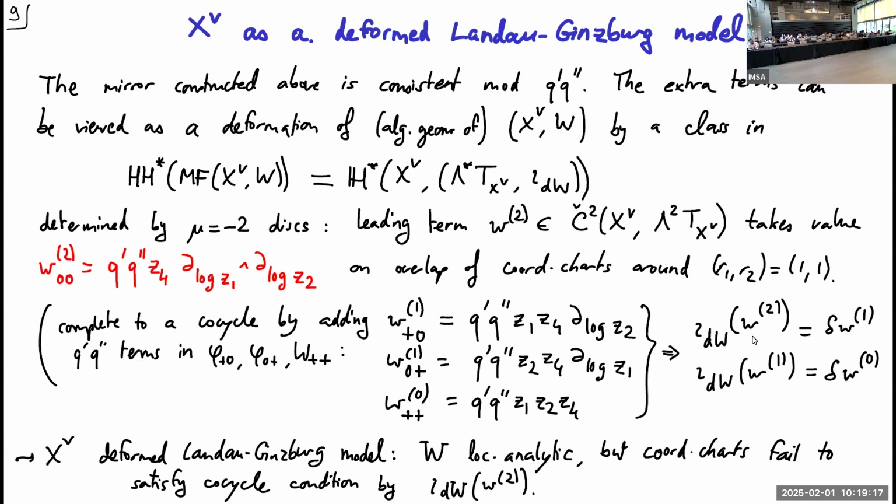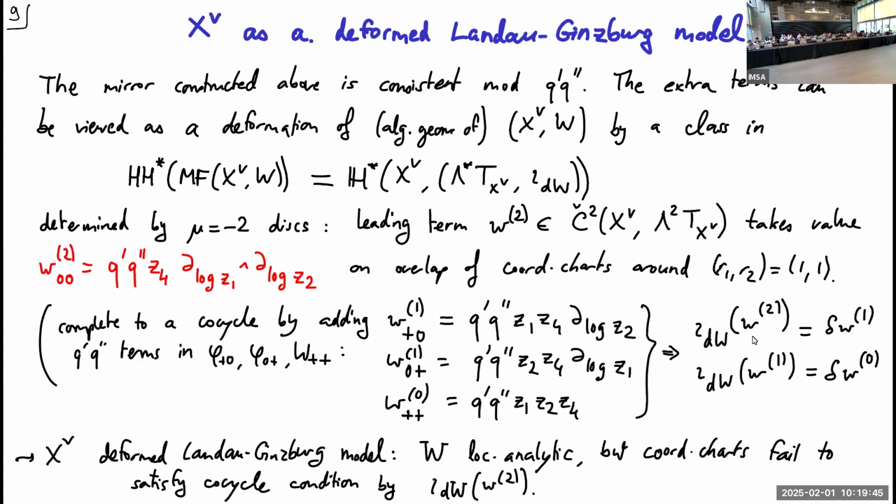Probably that has to do with Poisson structures and so on. Anyway, to complete it to a cocycle in the Hochschild complex, you need to add some terms also in lower degrees, because the differential has been deformed. This is not closed for d plus interior product with dW. Those other terms are the corrections induced by that Maslov -2 disk on the wall crossing functions and on the superpotentials.